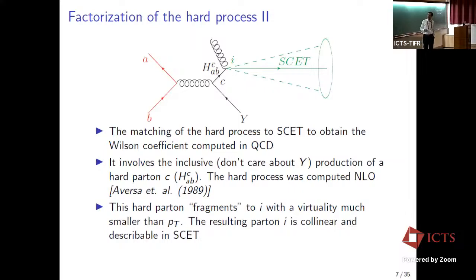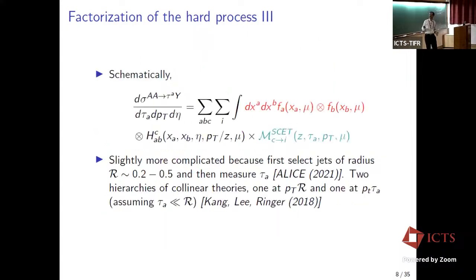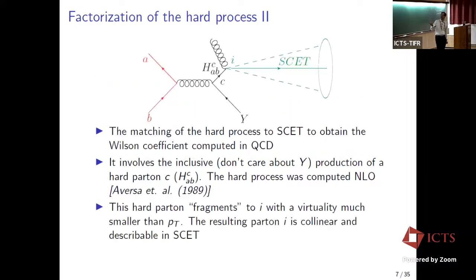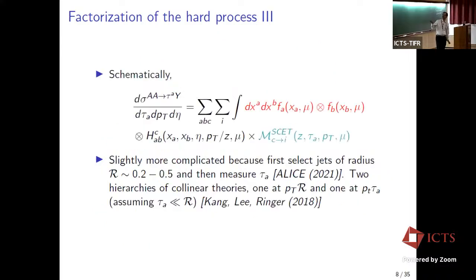So this is the basic setup. There's a little bit of a complication because you don't measure just angularities of the observables. What you do is first measure jets with a particular R. So maybe before I go to that, if this diagram that I've written down is formalized in an expression, it just gives you this.